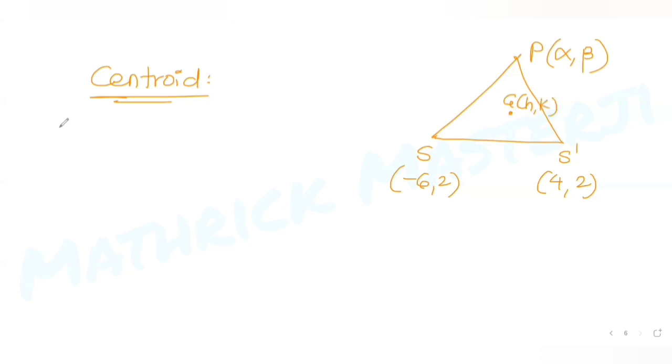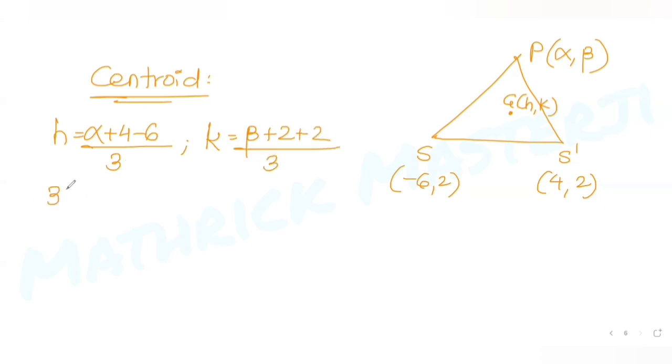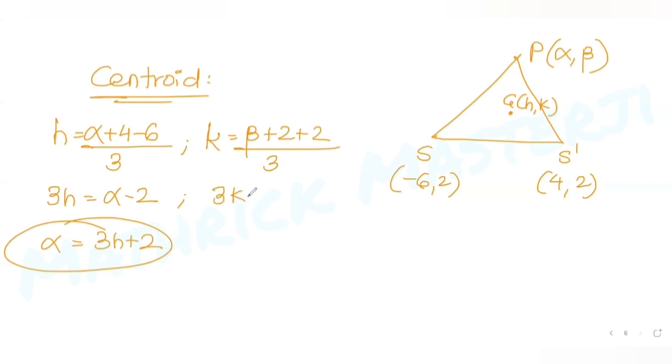The x coordinate is the sum of all the x coordinates, so alpha plus 4 minus 6 divided by 3, and the y coordinate k is the sum of all the y coordinates divided by 3. From here I get 3h is alpha minus 2, so alpha becomes 3h plus 2. And for beta, 3k equals beta plus 4.